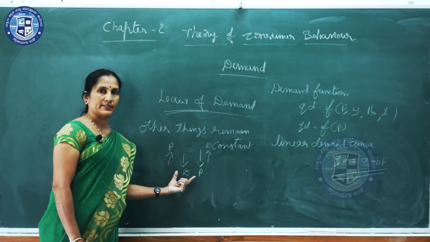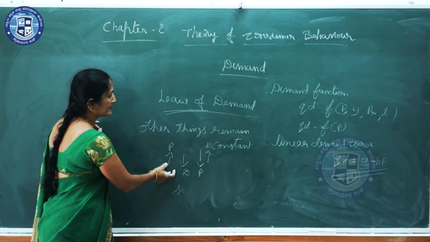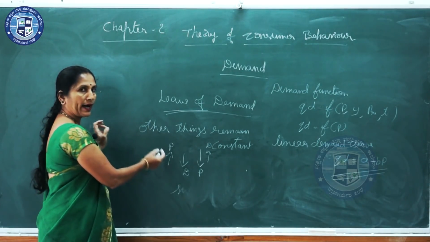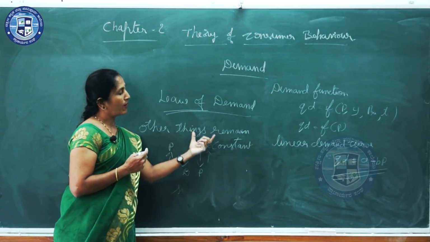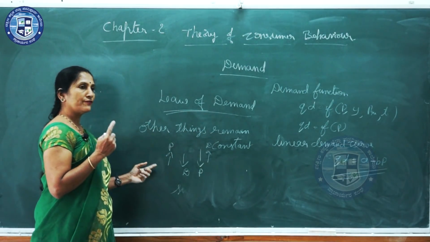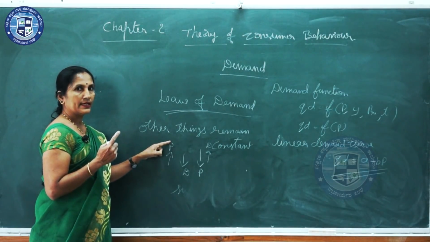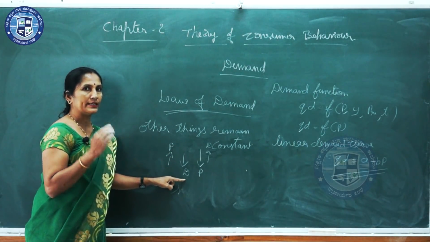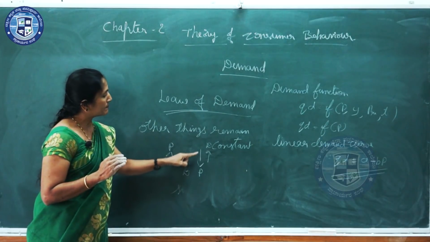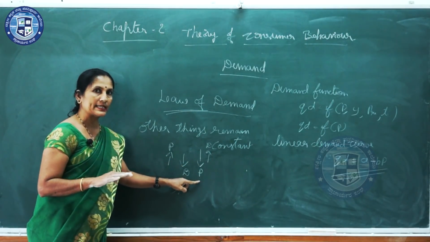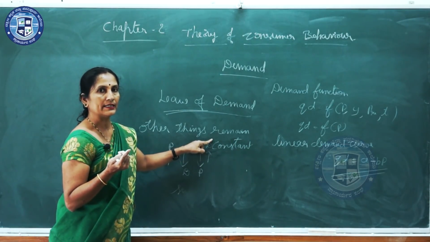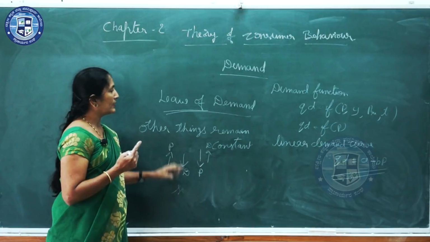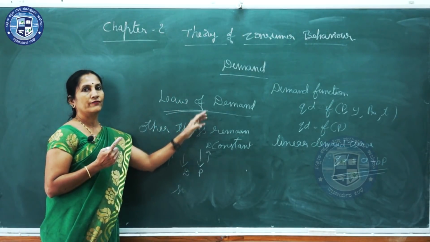In simple terms: other things remaining constant, when the price of a commodity increases, the demand for that commodity decreases, and when the price decreases, the demand increases. Such a law is called the law of demand.